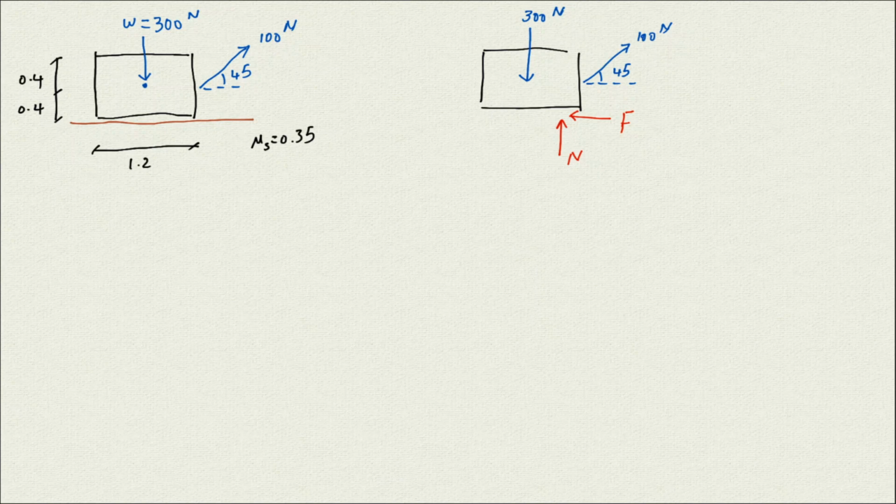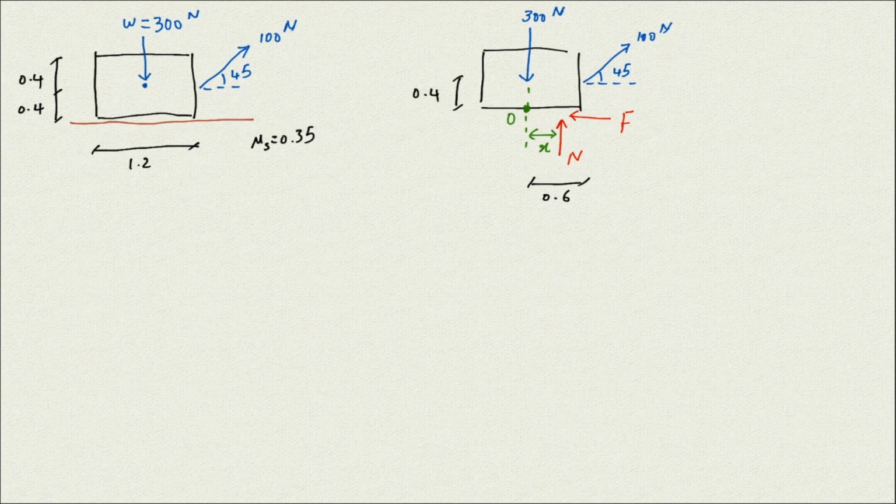And if I go ahead and assume this point O, and this distance is x, and the other distances we have, the distance here is going to be 0.6, and this distance here is 0.4.